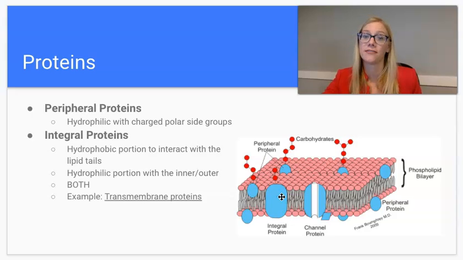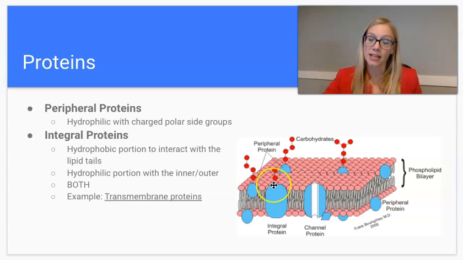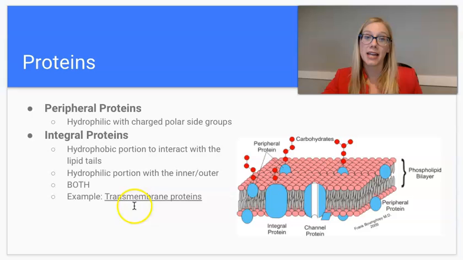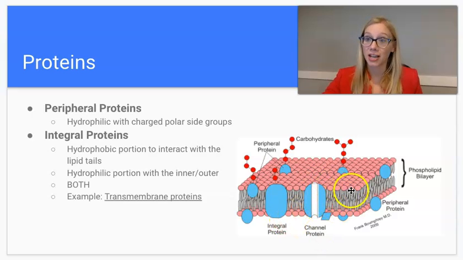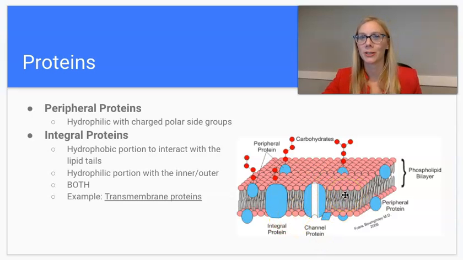And they have to have a hydrophilic portion that interacts with the polar region of our bilayer. An example of these are transmembrane proteins, and we call proteins that basically go all the way through the phospholipid bilayer transmembrane proteins. Sometimes they can also be channel proteins that we'll talk about later on too.